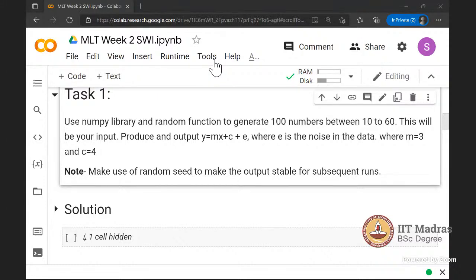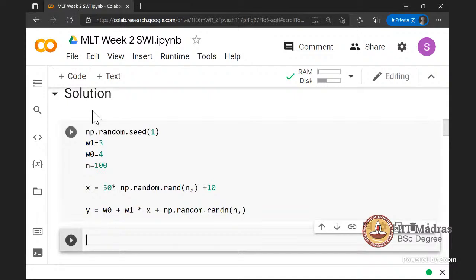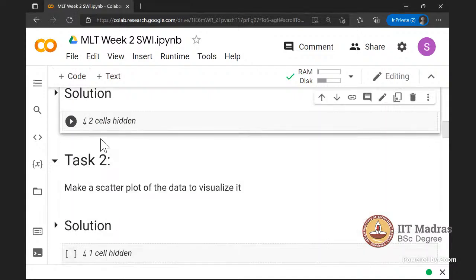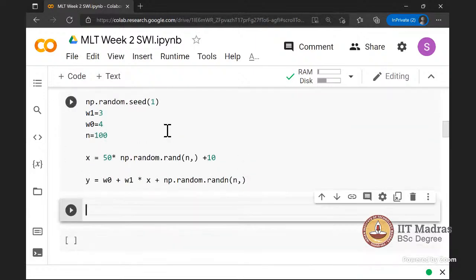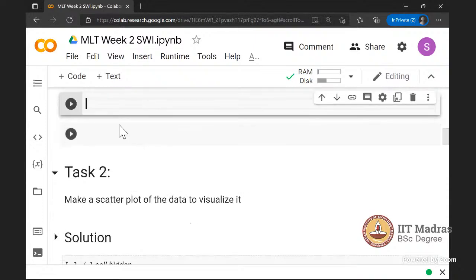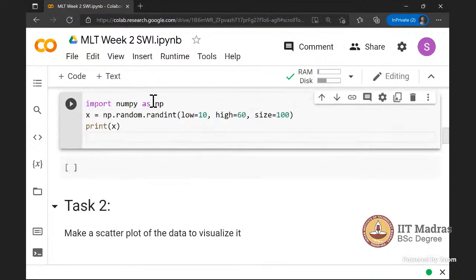All right, so let me copy Sumit's answer. I want to add a code block, but hide this solution for now, just for a minute. Okay, this is the solution I received from Sumit. Of course, he has taken NumPy and he has used the random class, and inside that there is random int.